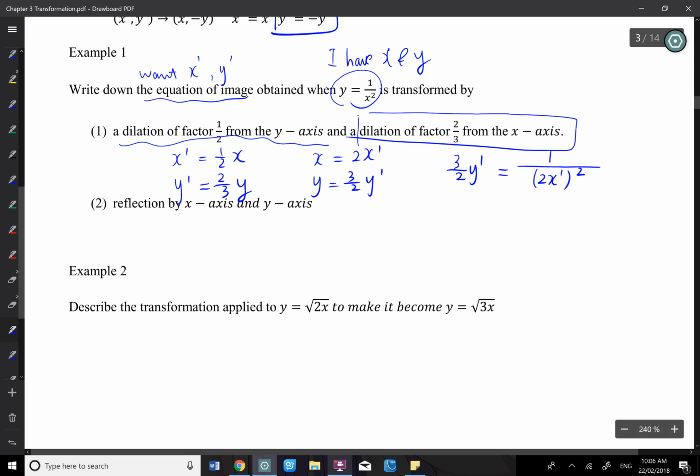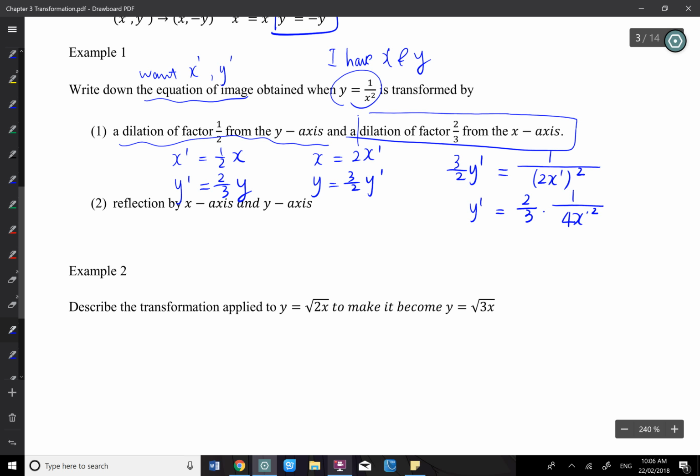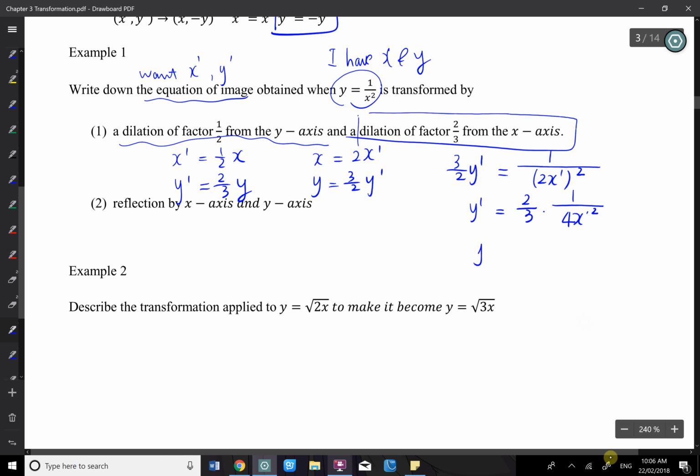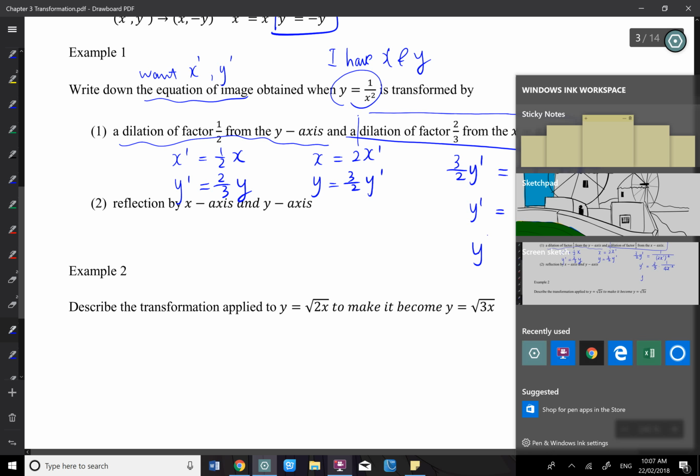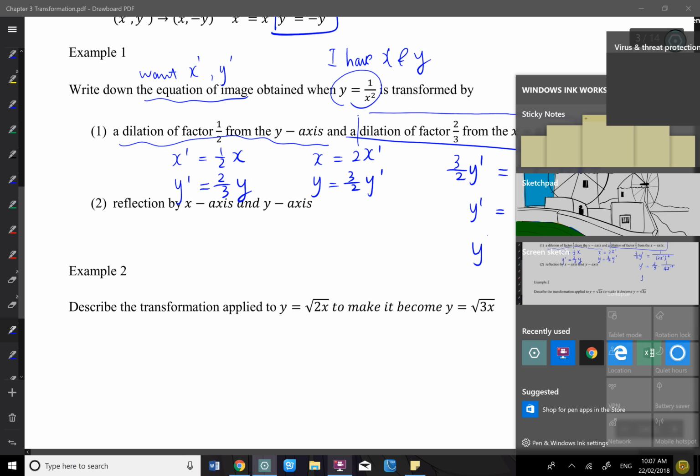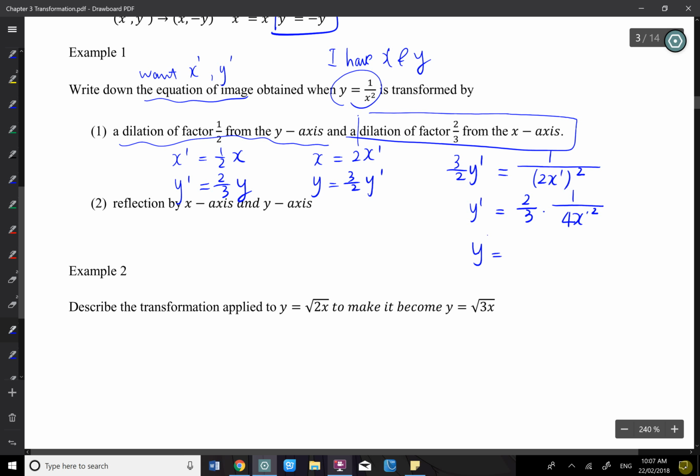Don't forget the square. So y dash equals 2 over 3 times 1 over 4x dash squared. Expand the bracket: 2x squared is 4x squared. Well, I can cancel this. That becomes a 1, that becomes a 2. So y dash equals 1 over 6x dash squared.